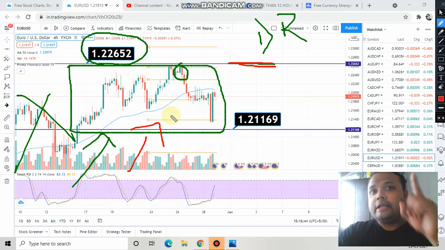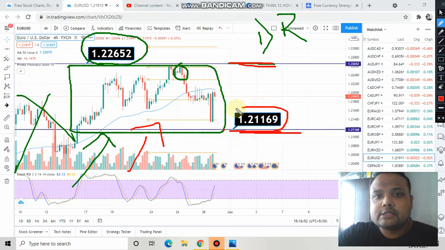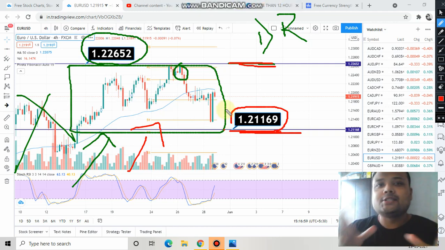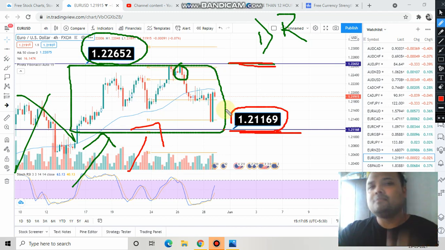And on the other hand, if the market comes down and hits this 1.2116 level, on the 4 hours time frame we can see that this level has got no such importance, but on the weekly chart we saw that price has rejected from this particular level.